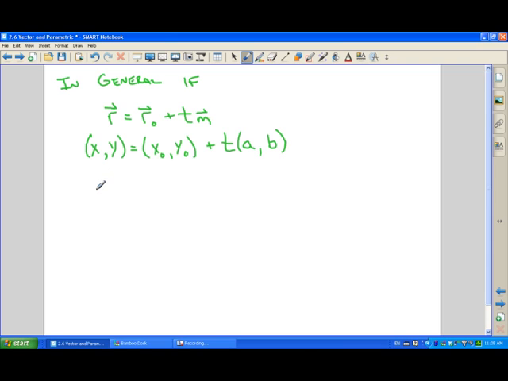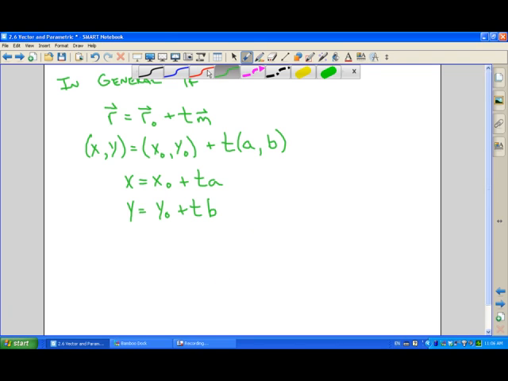And I can break apart this vector equation into two separate equations where I'm looking at the x coordinates, so my x starting point plus my parameter times the run. The y component would be the y starting point plus the parameter times the rise.